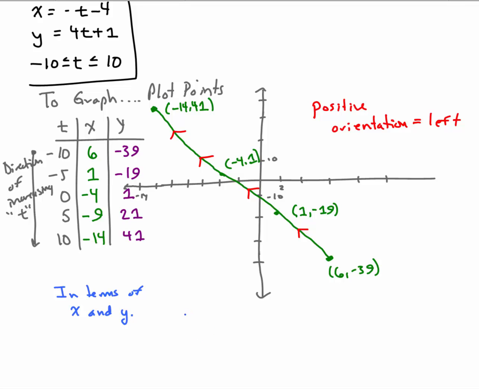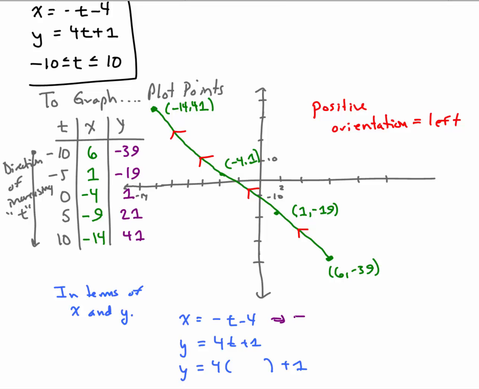So we started with x equal negative t minus 4 and y equal 4t plus 1. So what I'll do is I'll choose one of these to solve for t and plug into the other one. Now the important thing to keep in mind is we usually like y equal when we're trying to graph something, like y equal 2x plus 4 or y equal x squared. So I like to always leave my y equal and then plug in for my t here.